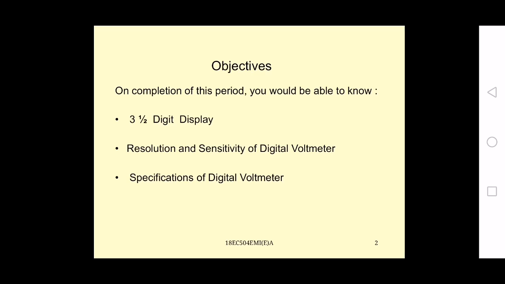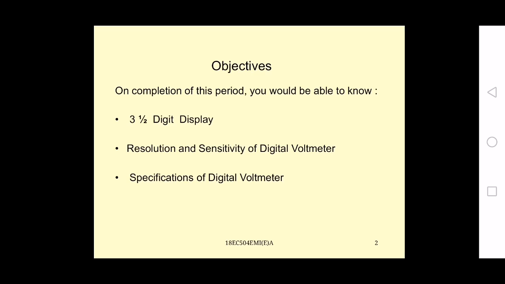What are the different specifications of the digital voltmeters? These digital voltmeters are broadly classified into four types depending on how they measure the voltages. They are the ramp type digital voltmeter, the successive approximation type digital voltmeter, the dual slope integrating type digital voltmeter, and the continuous balance type digital voltmeter.